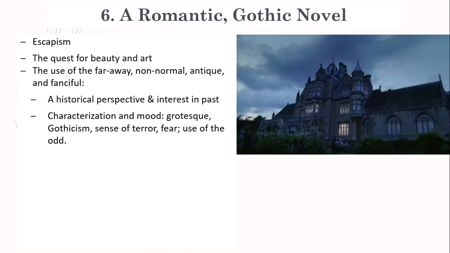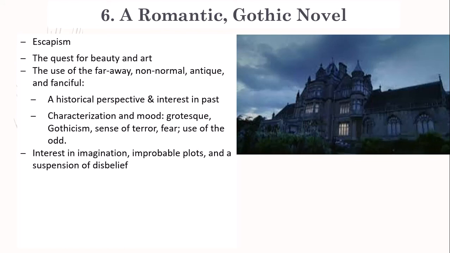There's a sense of terror and fear and the use of the odd and mysterious. On the other end of this would be more like transcendentalism, where we are showing the best of mankind. Sometimes the Gothic stories explore the worst of mankind. Now, this is not quite as dark as Edgar Allan Poe, and we don't have beating hearts under the floorboards.